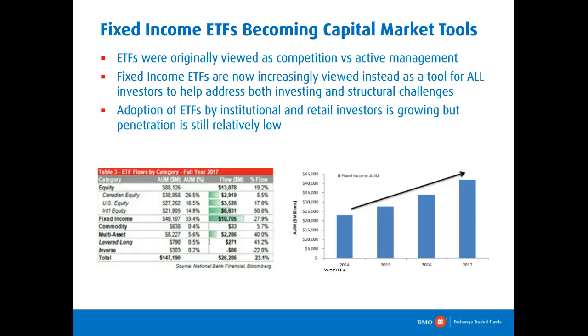So if you look at the data on this slide, what you'll notice is that if you look at the 2017 fund flows, where we've been seeing a lot of fund flows is absolutely fixed income ETFs. And if you look at the year-over-year AUM growth, we've definitely been seeing a steady growth in fixed income ETF AUM as well. A common question we get on our desk is, have we reached almost a boiling point in terms of fixed income ETF growth?